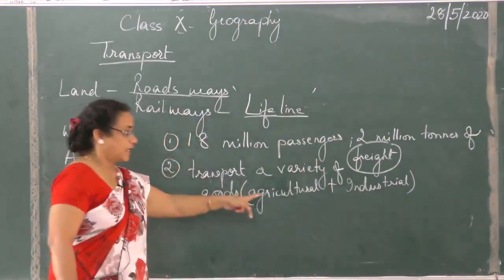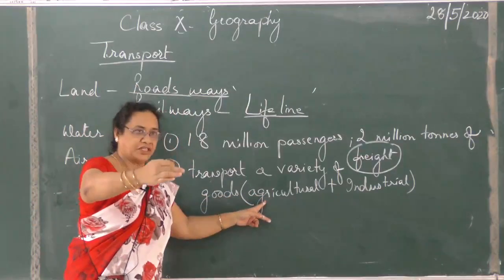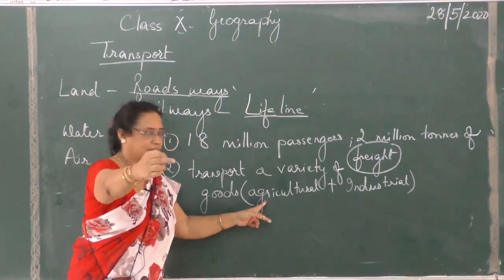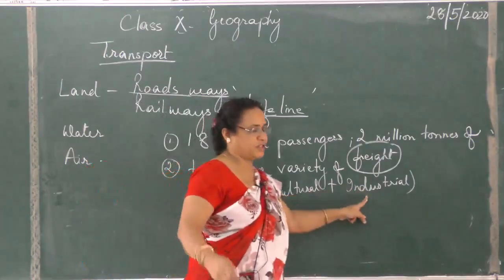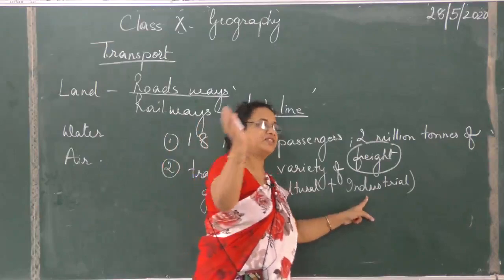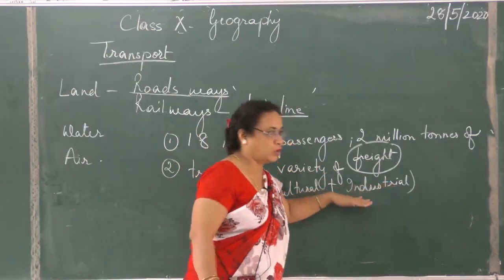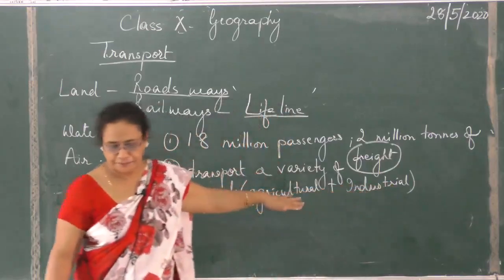Clear? Agricultural raw material will be brought from the cultivation areas to the marketing centers. In case of industries, raw materials are brought to the factories. From the factories, they are again transported to the marketing centers. So a big job the railways are doing over here.